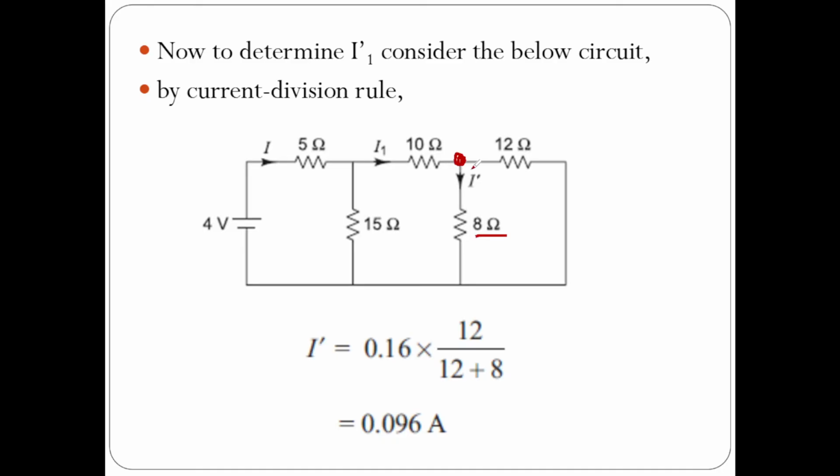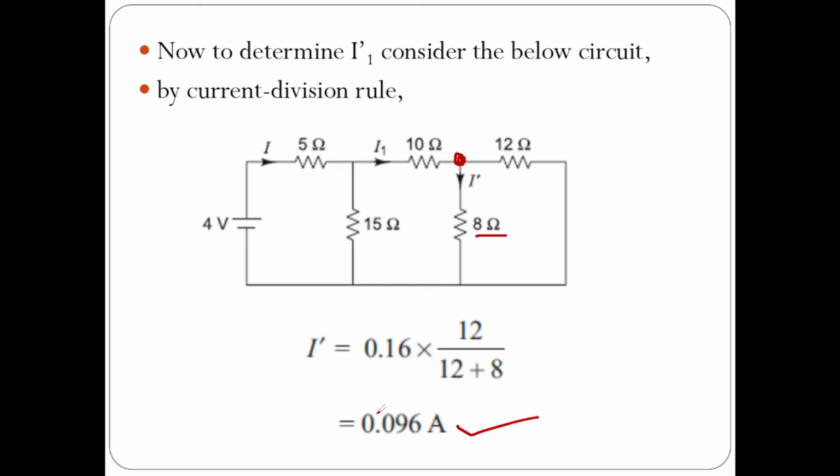I want to determine the current in 8 ohms. The opposite resistance to this resistor is 12. So I dash equals I1 into opposite resistance 12 divided by opposite resistance plus self resistance 8. So I dash is 0.16 into 12 by 12 plus 8. If you simplify, you will get 0.096 amperes.